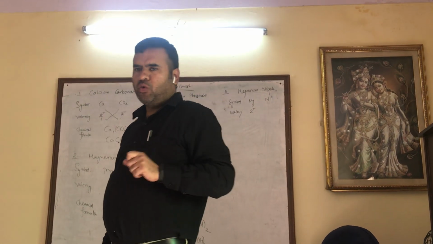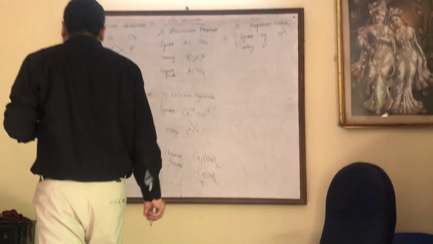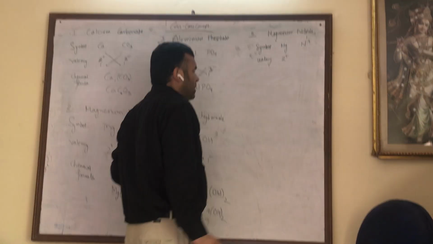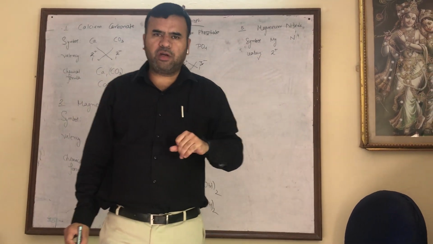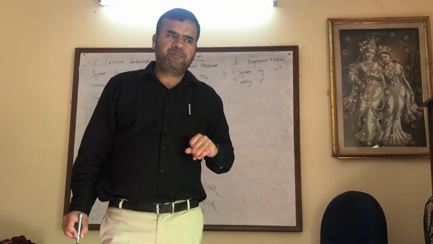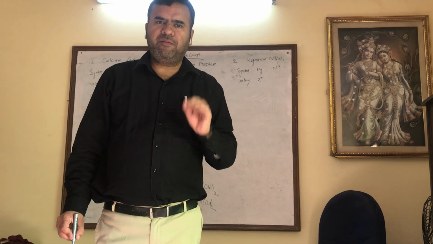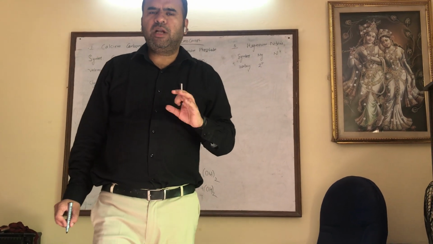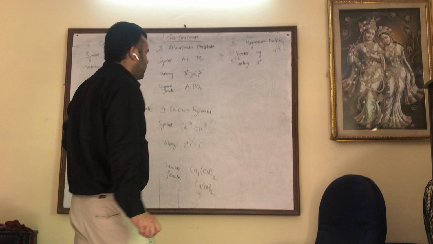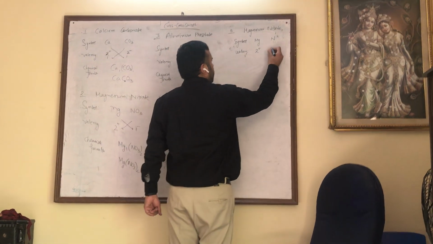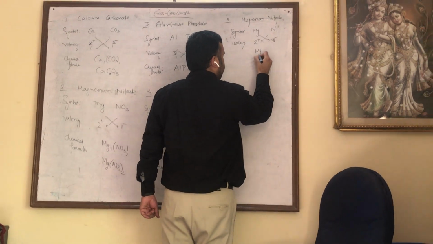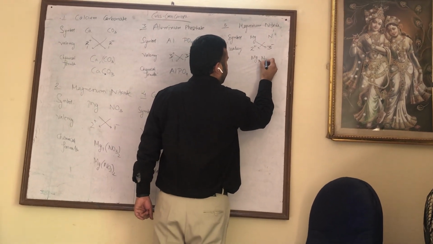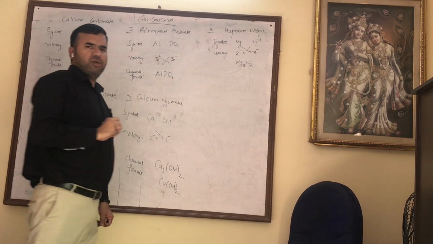Valency is 2 plus. It's a metal. In metal, valency is equal to number of valence electrons. Nitrogen, atomic number 7, electronic configuration 2, 5. Valence electrons 5. It's a non-metal, so valency is 8 minus 5, 3. So valency is 3 minus. Crisscross. Mg3N2. That is magnesium nitride for you.